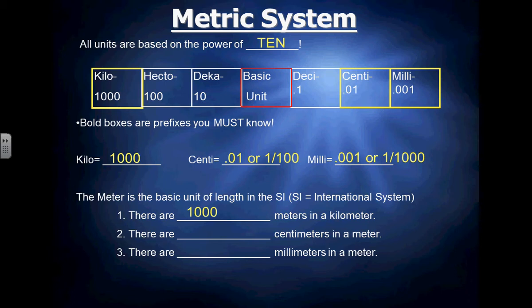So how many centimeters in a meter? Yes. 100. How many millimeters in a meter? 1,000.